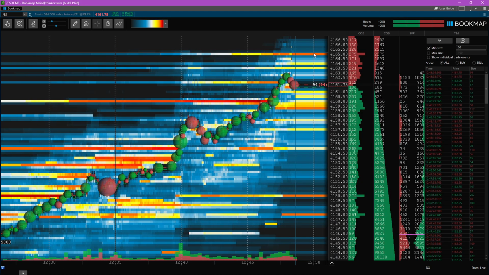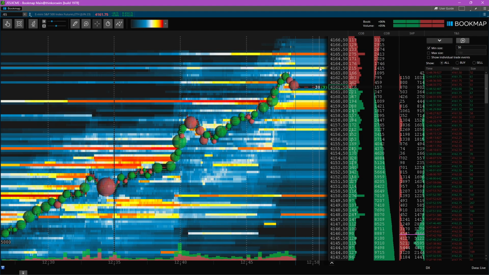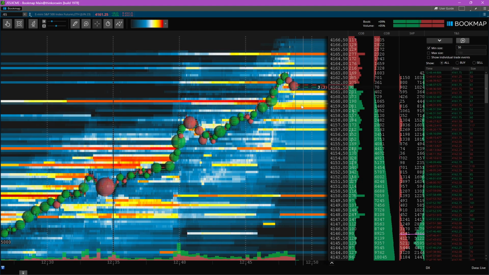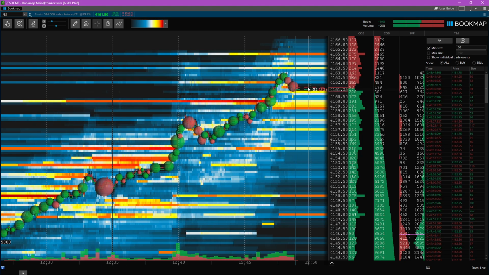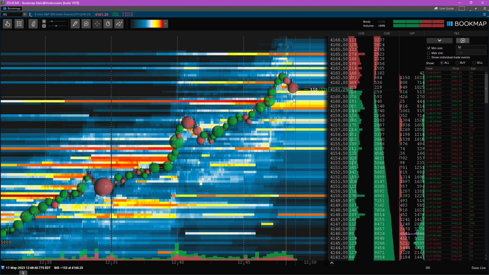But the next key area for us to watch is going to be probably 4165, maybe right where our target is, 4163.5. And you can see there's a decent amount of orders right here, probably trying to push or get filled for a long, hold the price here. That is my guess there.